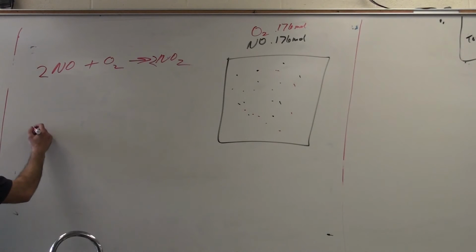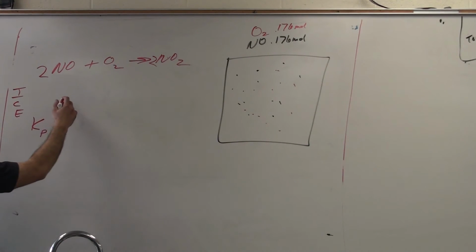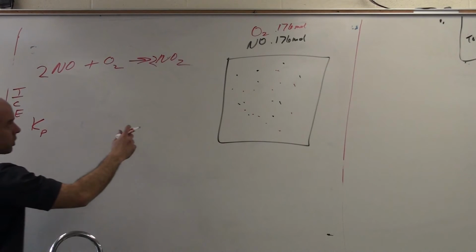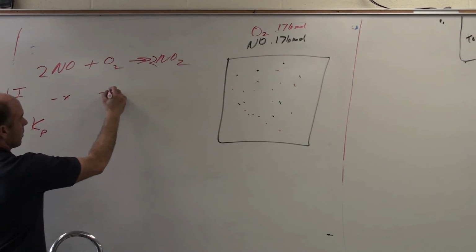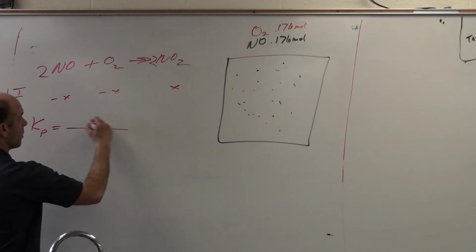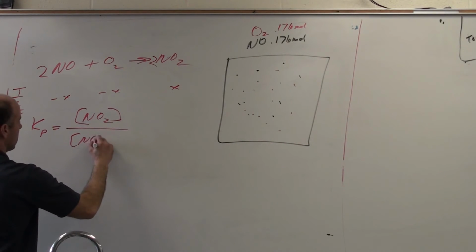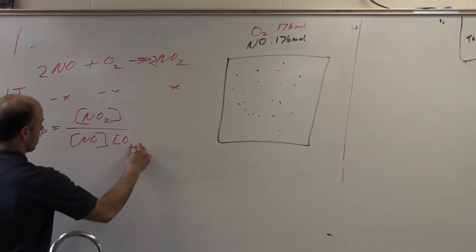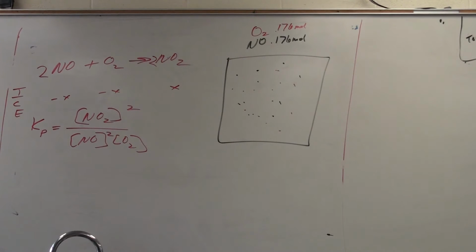If they gave us a KP, we'd have to do an ICE table and do our concentrations and shift and find the equilibrium concentrations. We'd have to do that if they gave us a K value for this reaction.